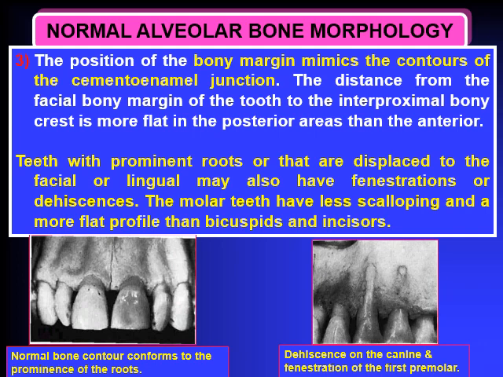When this window of fenestration extends to the marginal bone, labially, as you see, or facially, this is called dehiscence, as you see in the first premolar. This is the second premolar, this fenestration, while in the first premolar there is a dehiscence where fenestration extends to the marginal bone.